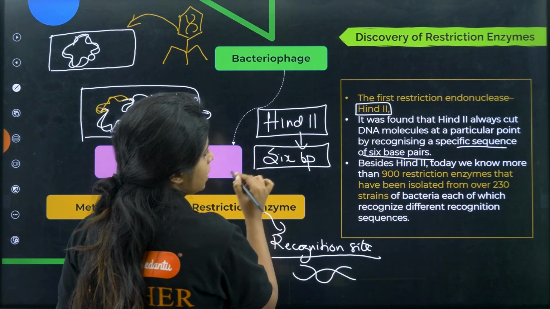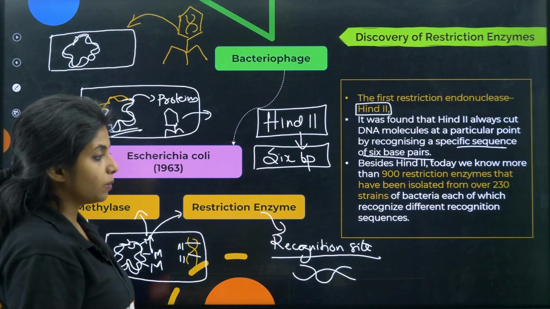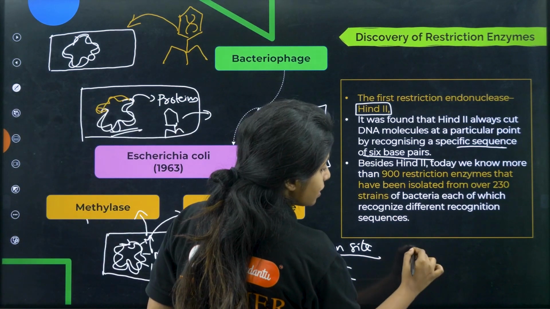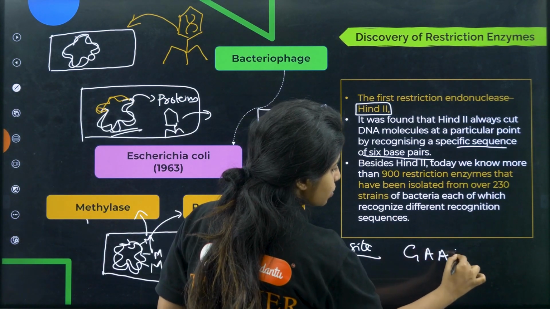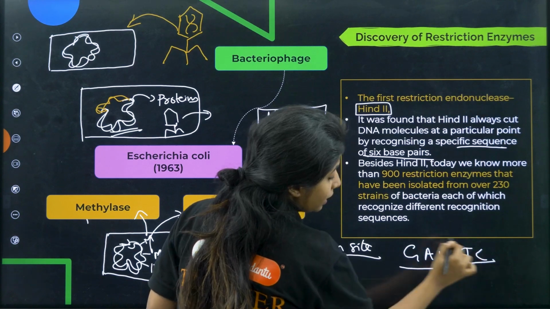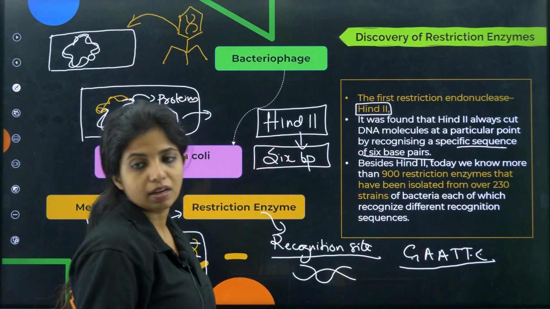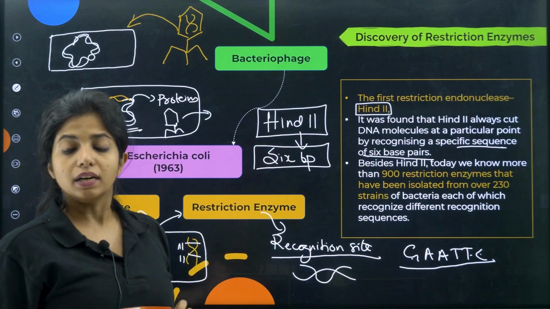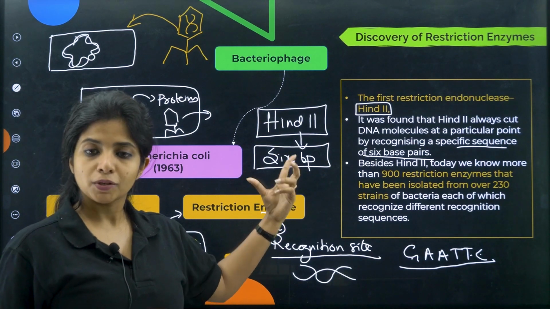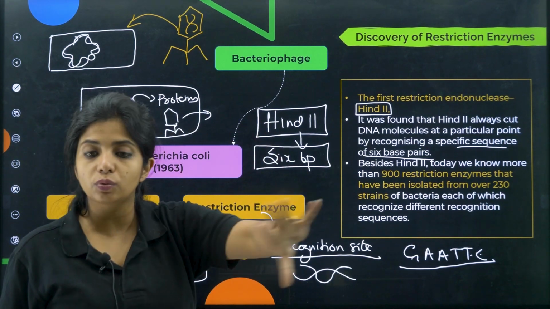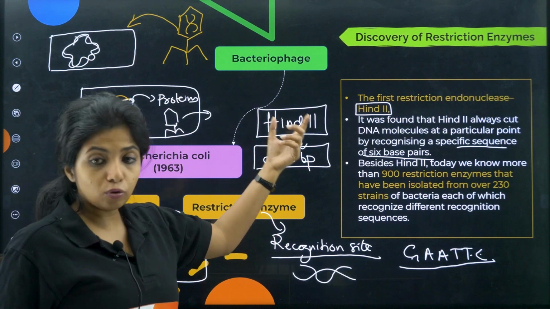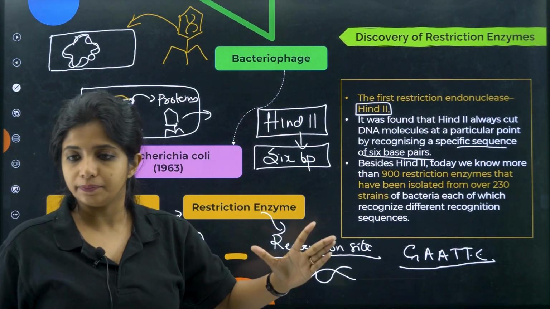Please remember it. For example, there is another enzyme which has a restriction site like this, GAATTC. Over here I again have 6 base pairs. Similarly, HindII also has a recognition site of 6 base pairs. So they will have a specific sequence and it will be universal. Everywhere HindII will be cutting that particular sequence only.